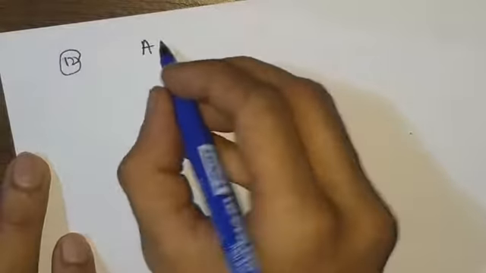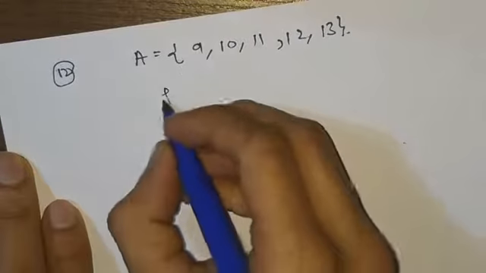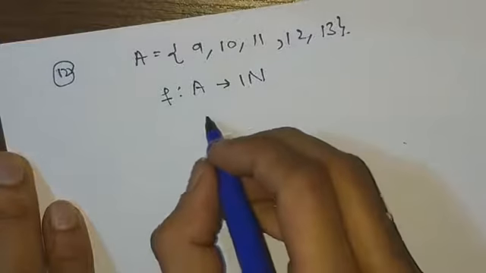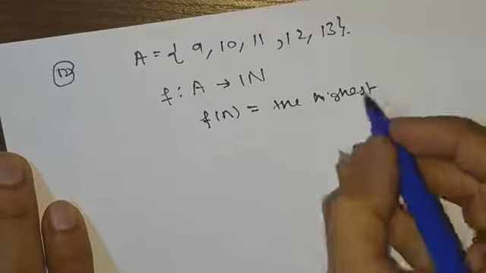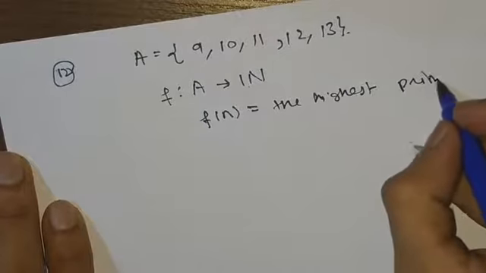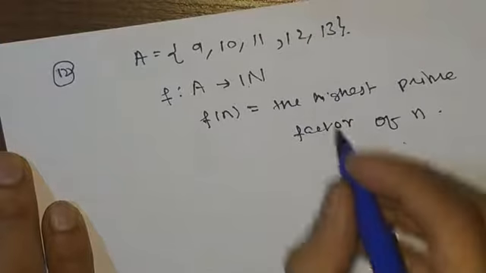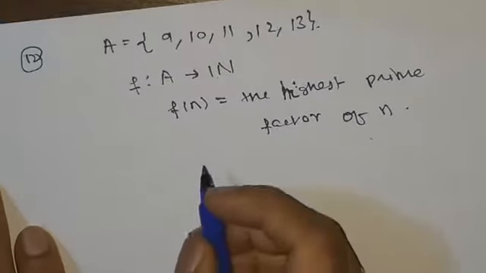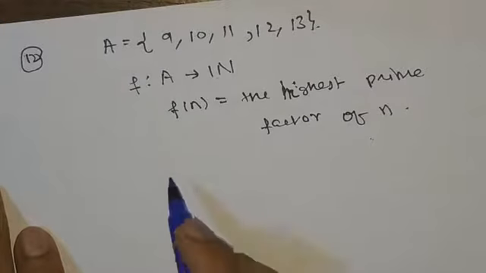A is given as 9, 10, 11, 12, 13. That is the set A which is given to us, and the function f from the set A to the set of natural numbers, script N, is defined as f of n equal to the highest prime factor of n.